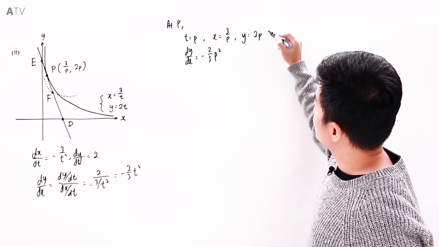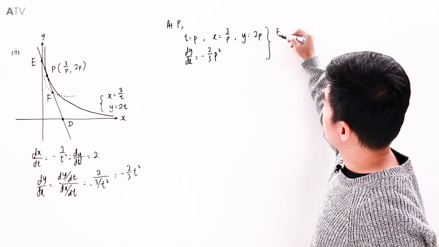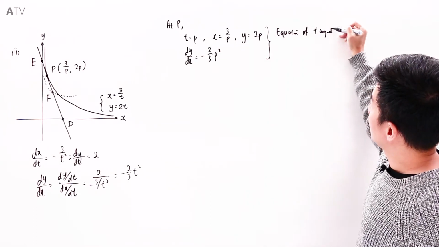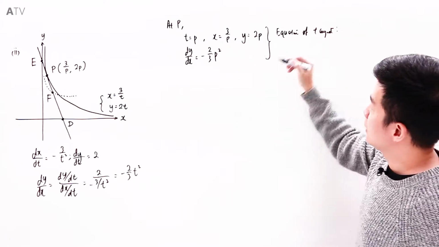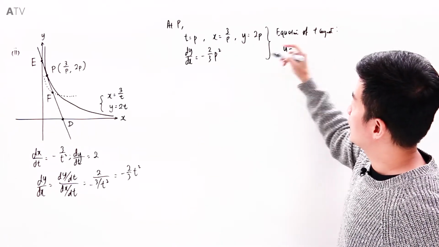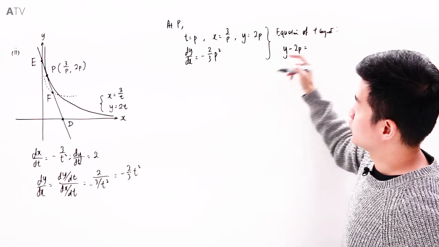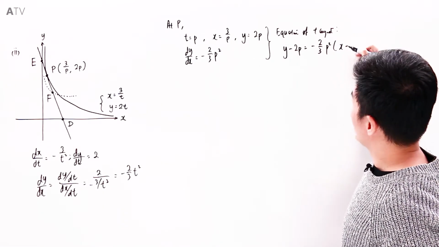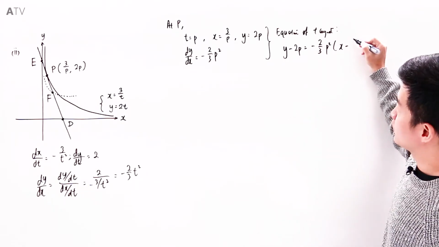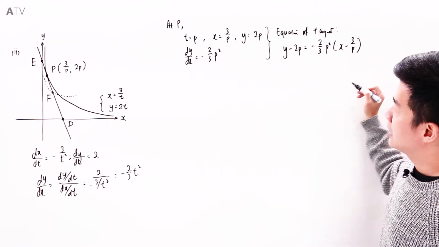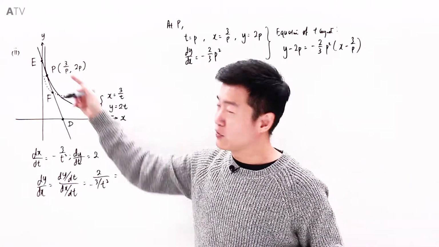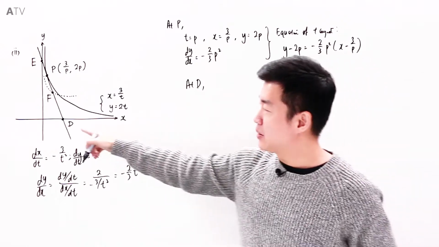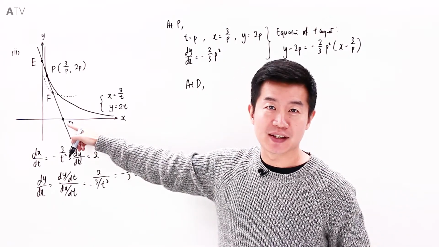With this set of information, we can then find the equation of the tangent. So the equation of the tangent at the point P will be y minus the y coordinate is equal to the gradient, minus 2 over 3p squared, of x minus the x coordinate, which is 3 over p. Let's now try to find the coordinates of D and E. At the point D, the y coordinate is 0.